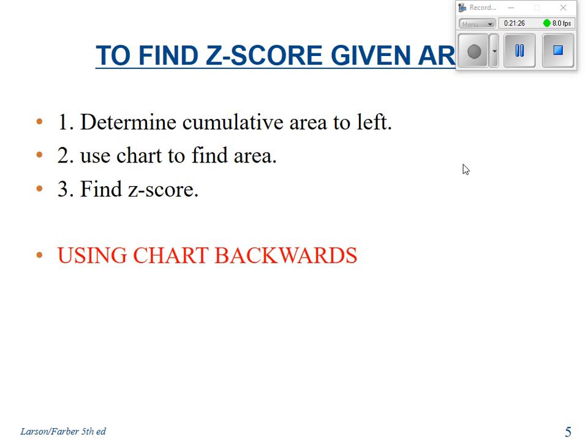To find the z-score given an area, you determine the cumulative area to the left and use the chart to find the z-score. You're just using the chart backwards. We're just going to do some examples to show you how to do it.